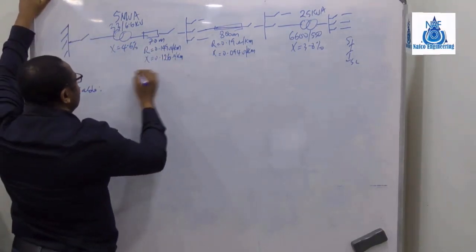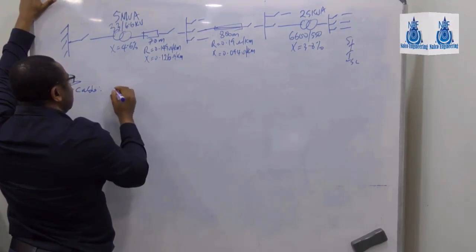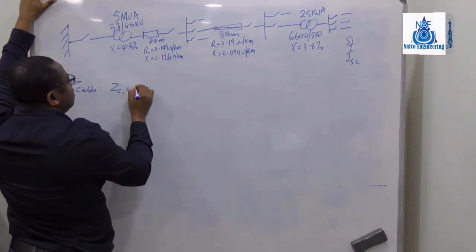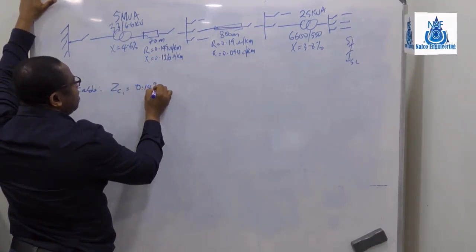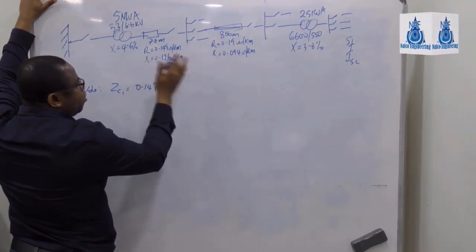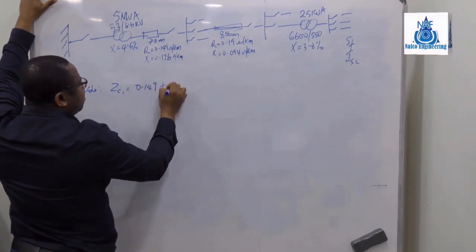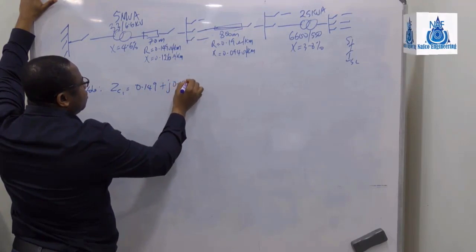This is cable 1. Z of cable 1 is 0.149 ohms per kilometer, plus J 0.126.